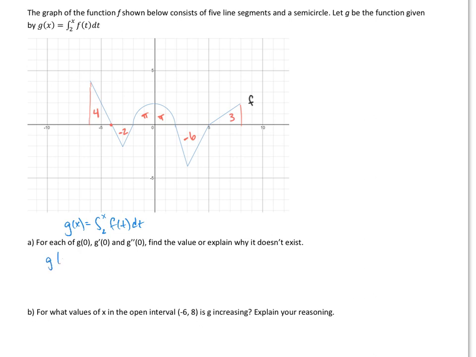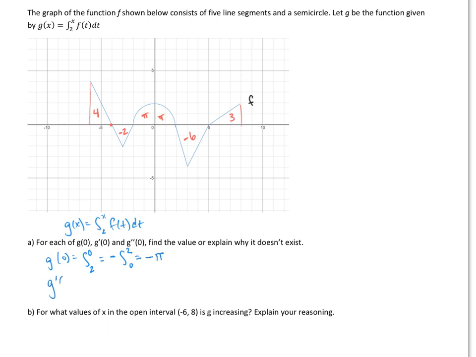G of 0 will be the integral from 2 to 0. I have to change that and say that'll be negative the integral from 0 to 2, so we're going to flip that integral around, which means I need the area from 0 to 2. From 0 to 2, I look over here, and that area is pi. So this is going to be negative pi.